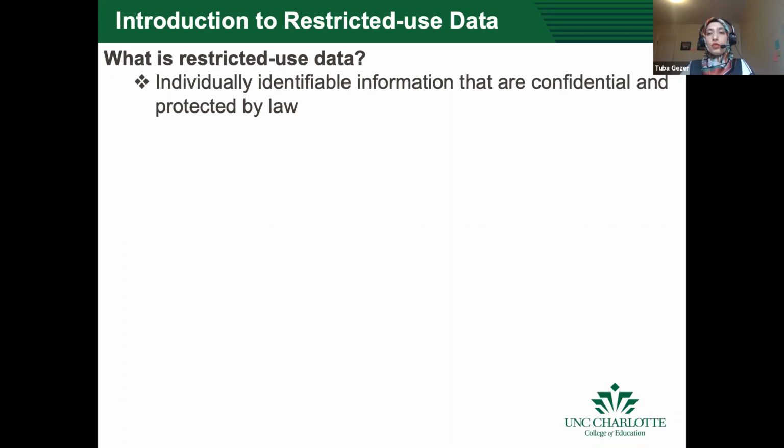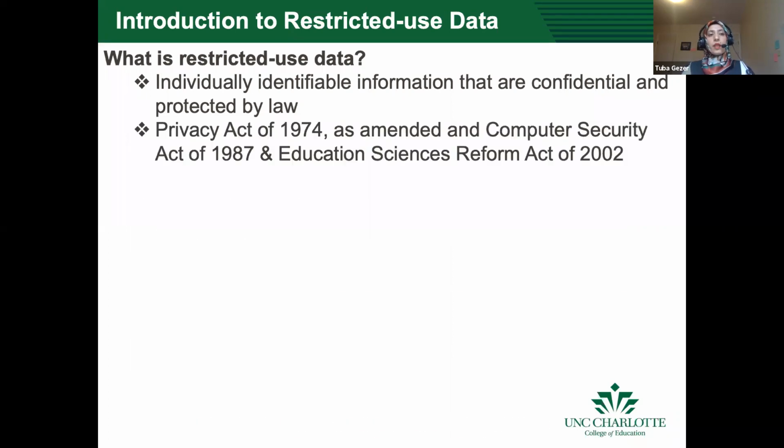Because they have so much information, those individuals are identifiable in the data set. And their information is protected by law, the Privacy Act of 1974, and the Education Sciences Reform Act is another one that protects individually identifiable information.